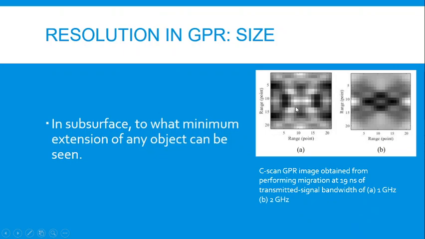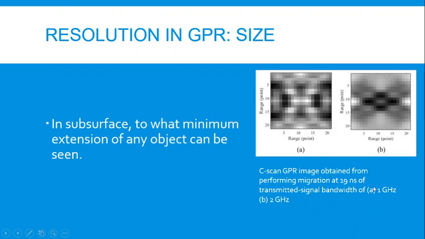Here we have two different images with different numbers of pixels associated with the same unit. In A, a 1 gigahertz antenna is used, and in B, a 2 gigahertz antenna is used.